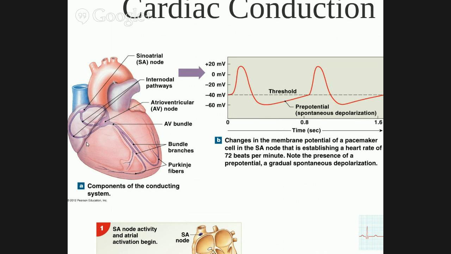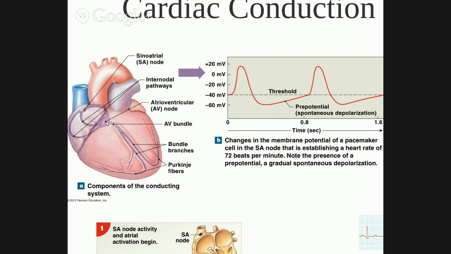In the picture here, they depict these three connections from the SA node to the AV node. There are, in fact, some specialized cells that connect between them, but it's really not that important. And in some depictions, you won't even see anything connecting the SA node and the AV node, because through those intercalated discs, the cells are connected. And from the SA node, all of the cells of the atrial wall, both on the right and the left side, all of them are connected together.